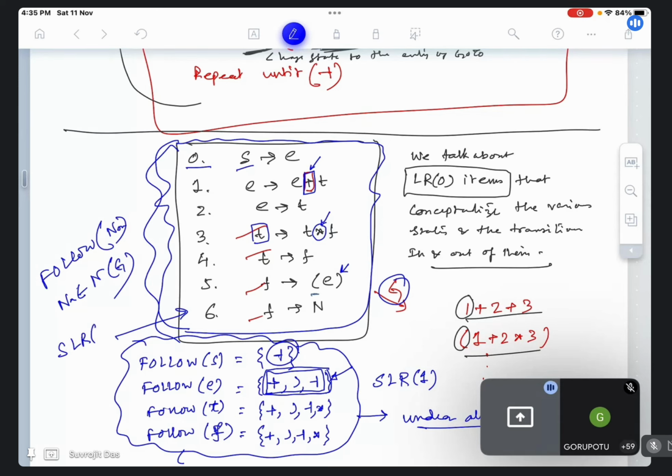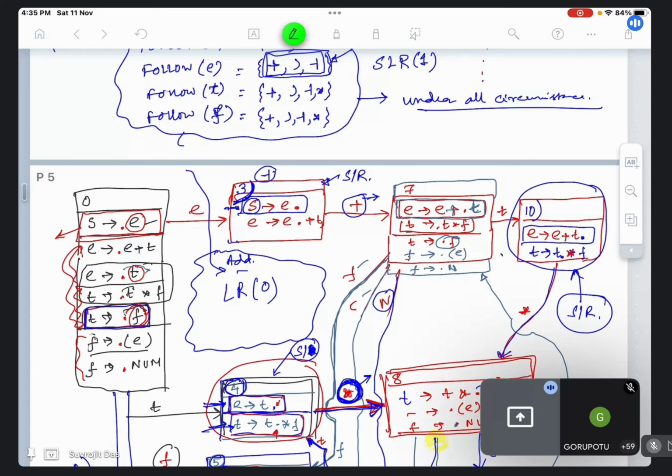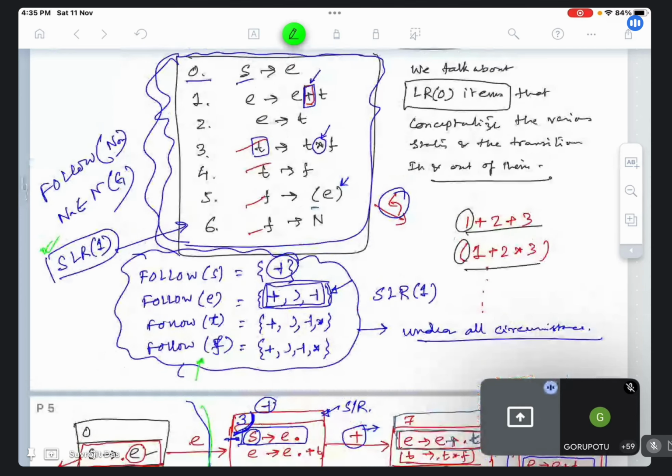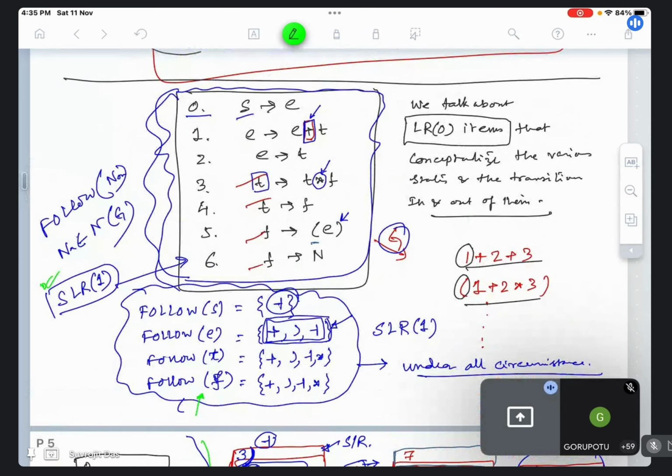So the grammar in this example is an SLR1 grammar, right? Did you understand? So grammars whose state machine conflicts can be resolved with LR0 items added with the concept of follow sets are called SLR1 grammars. So in this example, this grammar is an SLR1 grammar.